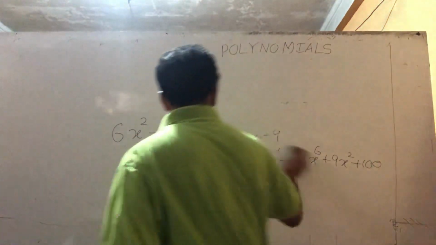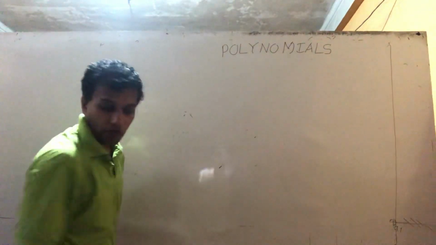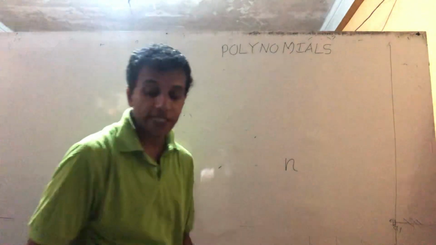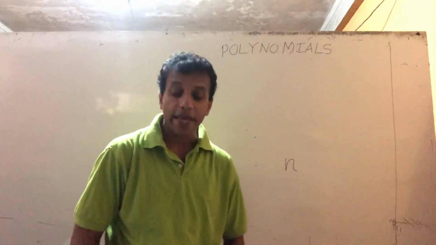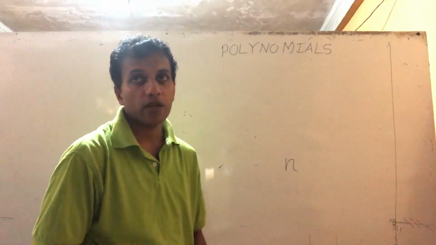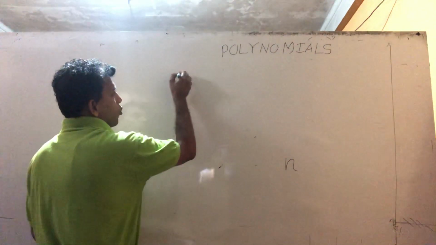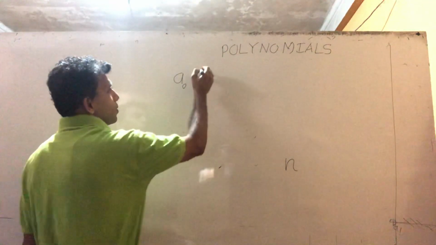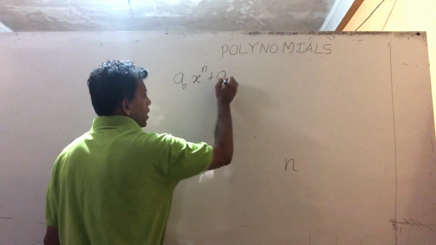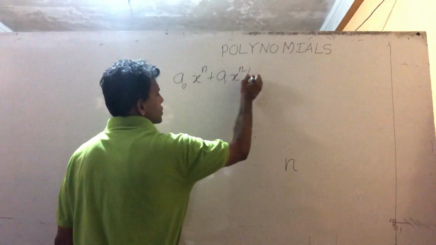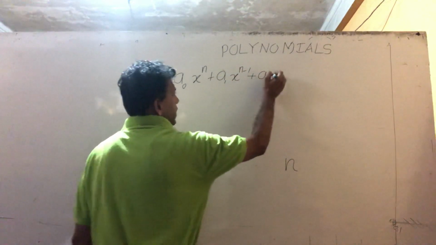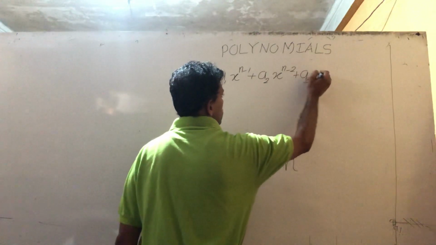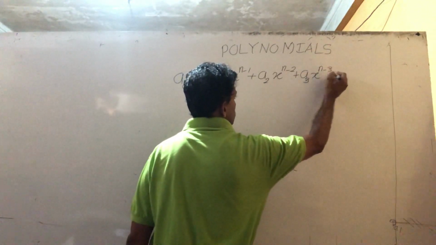When n is a positive integer, the expression in the form of a naught x to the power n plus a1 x to the power n minus 1 plus a2 x to the power n minus 2 plus a3 x to the power n minus 3 and so on.